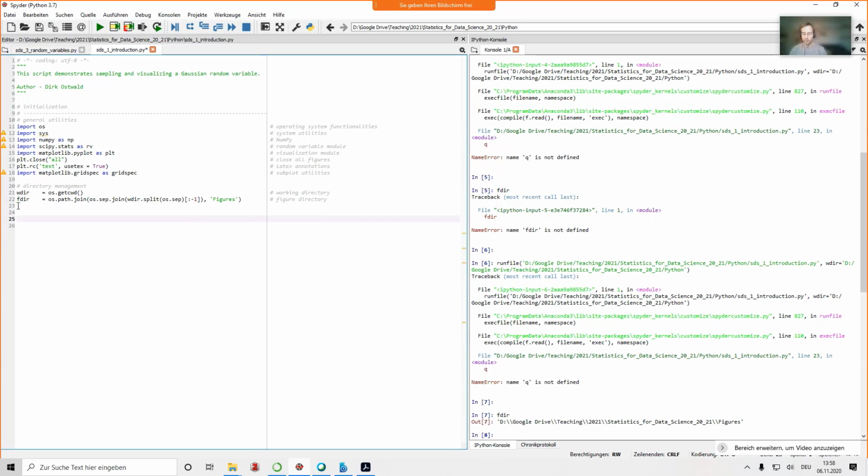Now I want to start with this thing of sampling and visualizing a univariate Gaussian, whatever that is supposed to mean. So what I want to do is sample a Gaussian and plot its histogram, and on top put its PDF.